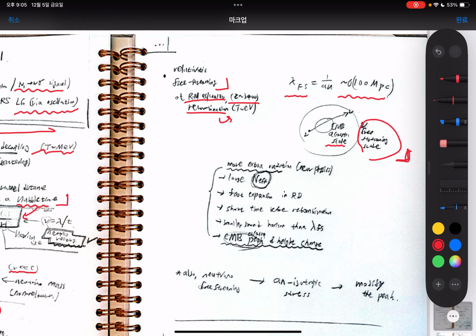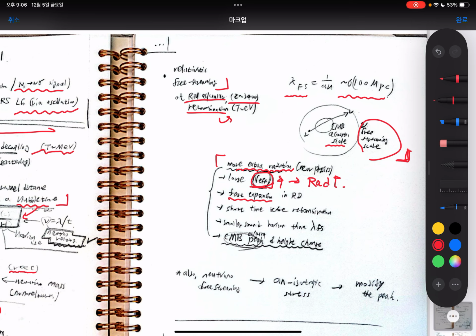For example, if we add new extra radiation in a new physics model, then the effective number of neutrinos, N_eff, becomes large, and such a large N_eff will make the expansion faster in the radiation-dominated era, because the contribution of the radiation becomes large.